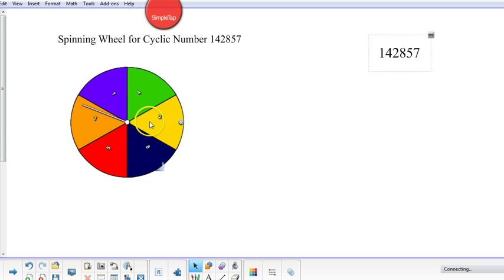So I've got this really fun spinning wheel for the cyclic number 142857. Now it's a cyclic number not because of that decimal thing, but because of this next part that we're going to talk about.